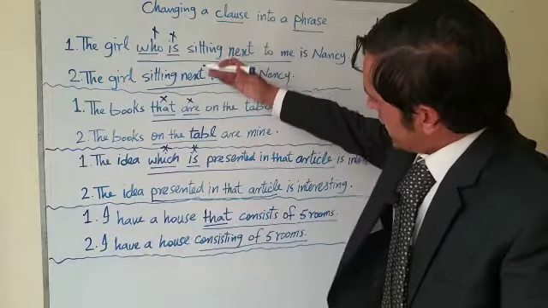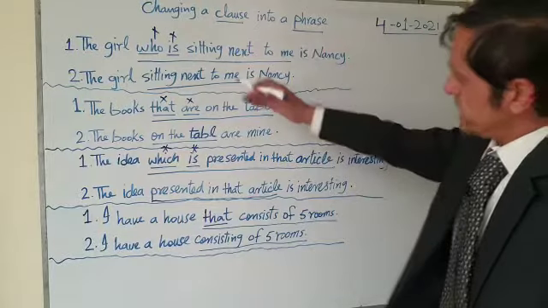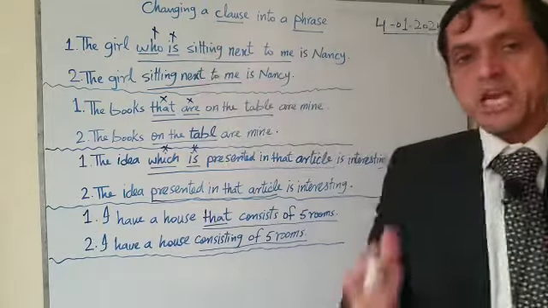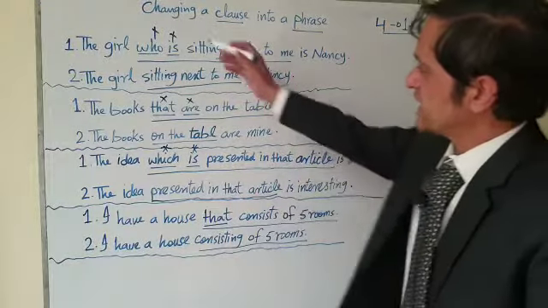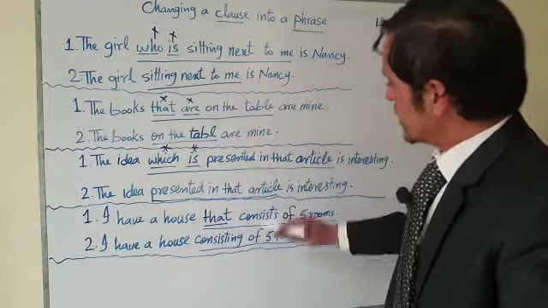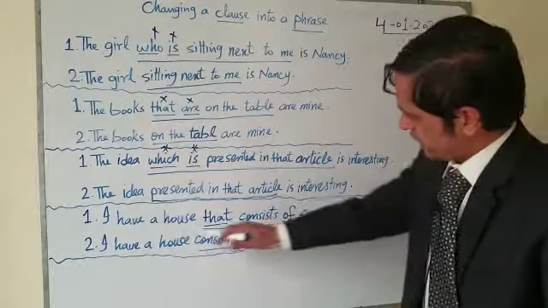So we will change the structures which include a to be verb in this way. But if we have a structure in which we don't have a to be verb, like is, are, am, was, were, how will we change them? Now look at this one.